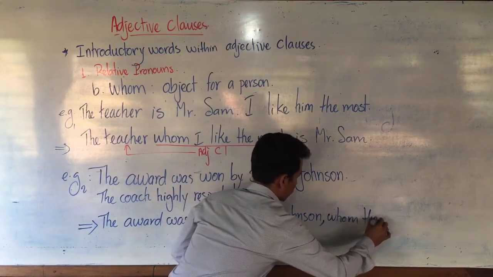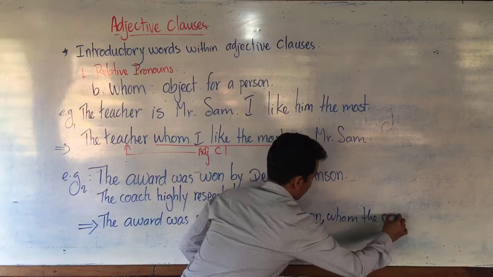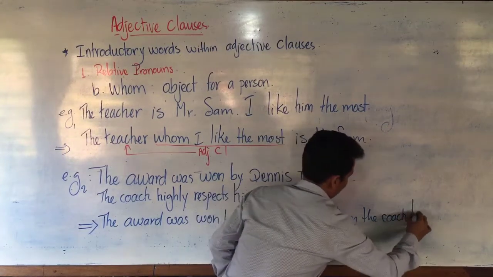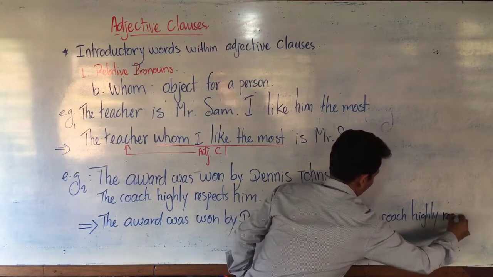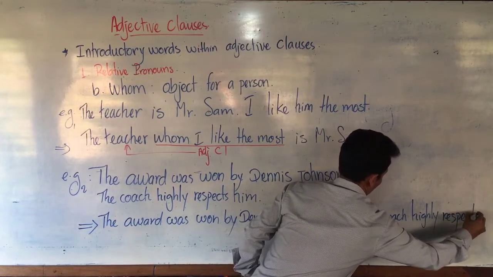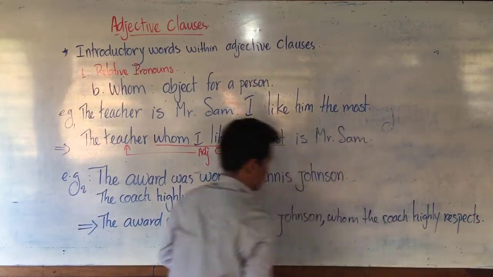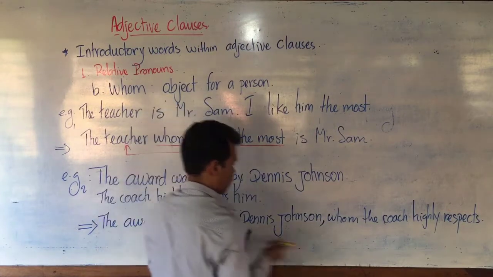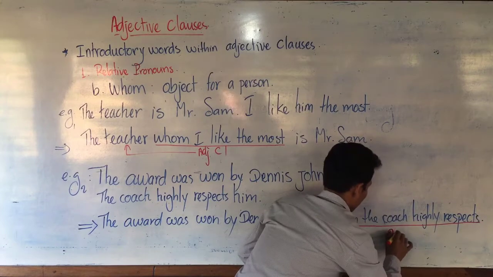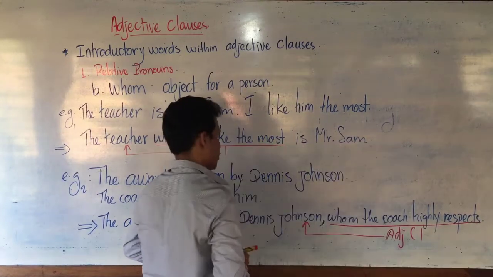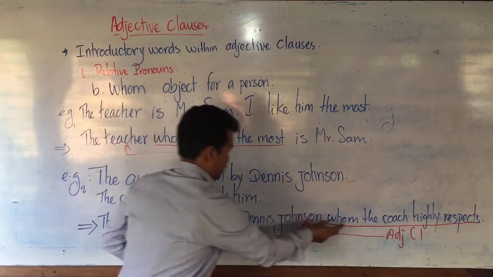the coach highly respects. So where is the adjective clause? The adjective clause is from whom to highly respects. The adjective clause modifies Dennis Johnson. Can I use who here?